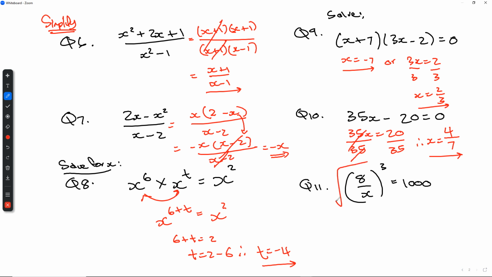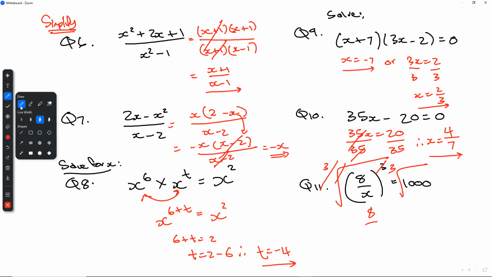And over here, we cube root both sides to get rid of the cube, so that those two cancel out, leaving me with 8 over x. And by the way, this is equal to 8 over x, which is going to be equal to the cube root of 1,000 is 10.